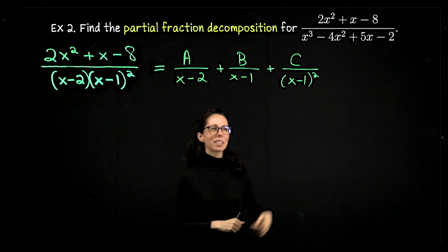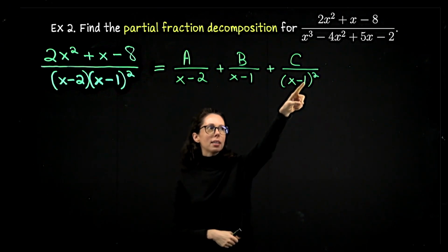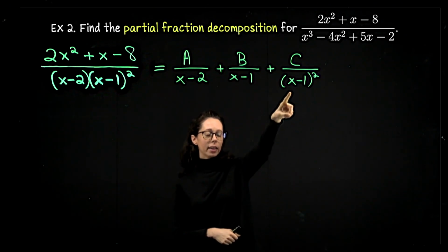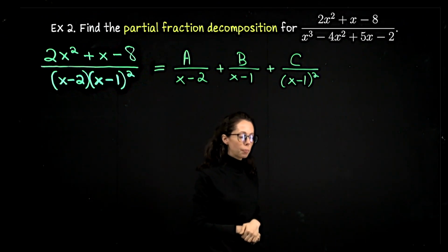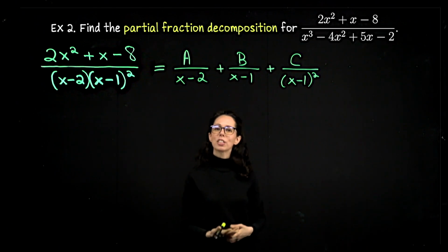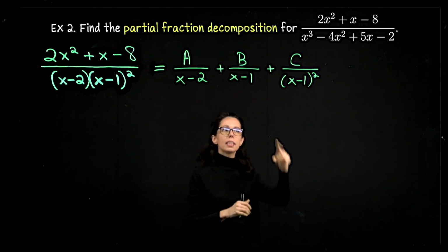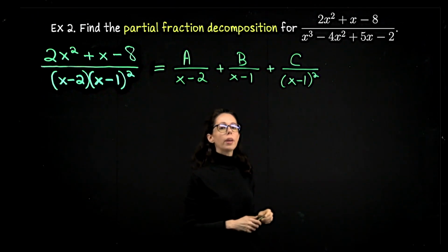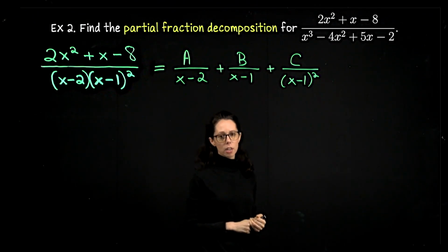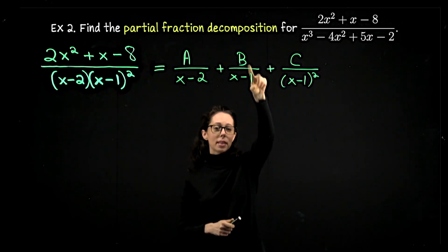The other remark I'll make is if you look at this, you might wonder if I've done this correctly, because this denominator is quadratic. And in the past, we've said that when you're expanding an unknown partial fraction decomposition and you have, say, a degree 2 denominator, then your numerator should look like cx plus d. But what you find for repeated terms is that it's always going to be the same style as this numerator.